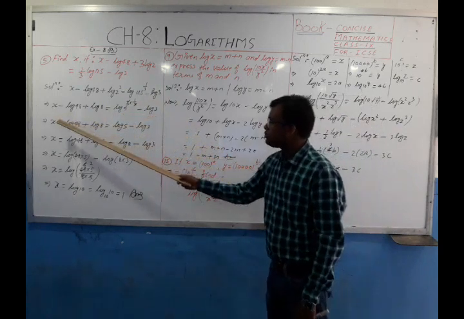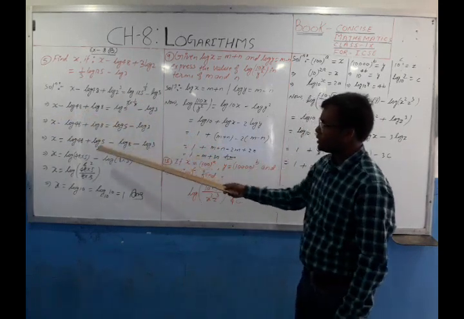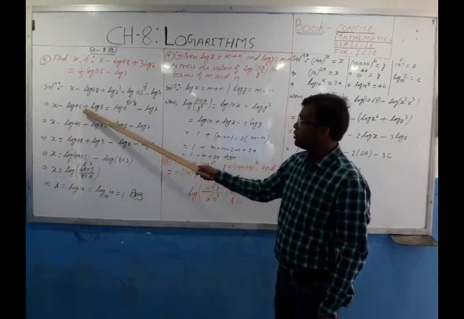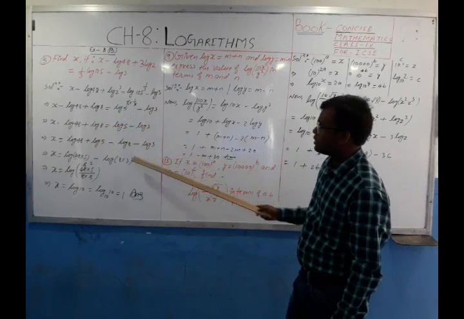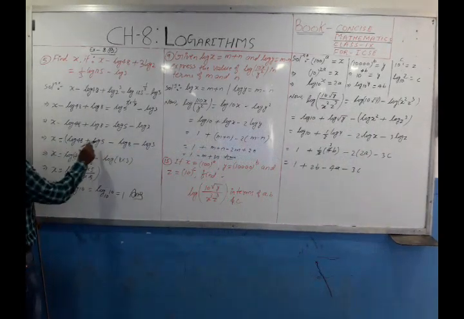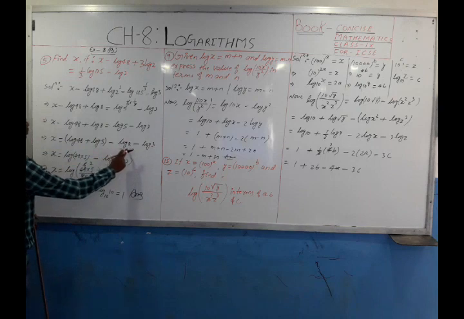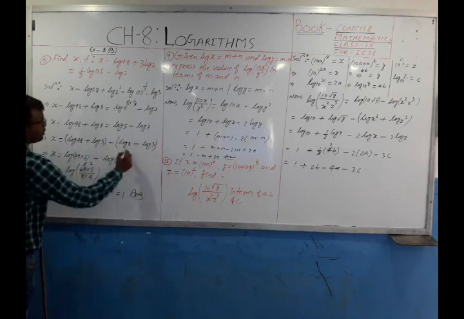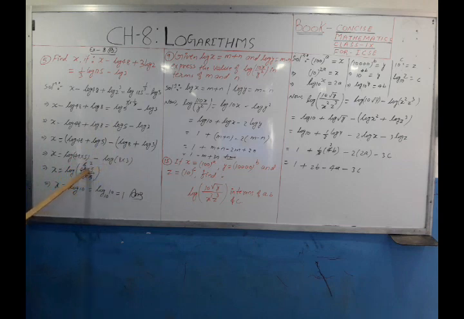And see, transpose the logarithm terms from the LHS to the RHS. That means minus will be plus and plus will be minus, and log 5 is there and log 3 is there with minus. The first two are in the form log m plus log n, so you may write log 48 into 5, and then taking minus common, this will be plus, so log 8 into 3. After that it is in the form log m minus log n, so it will be log m by n.